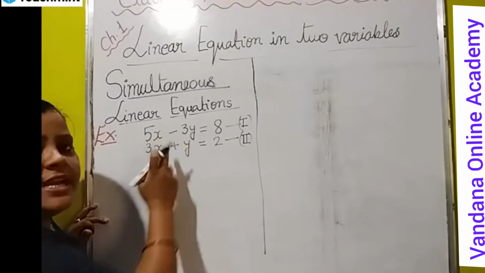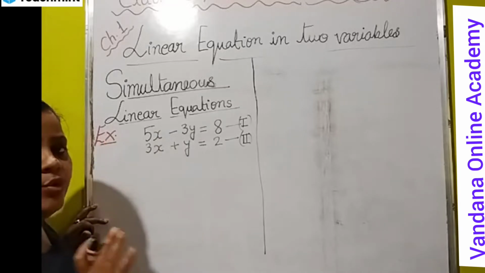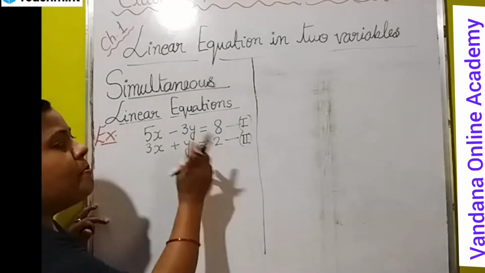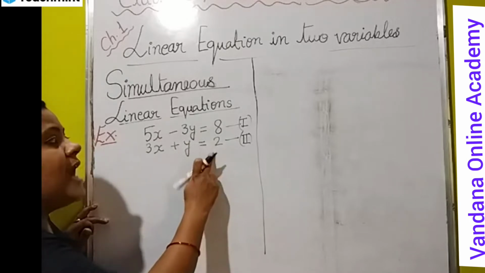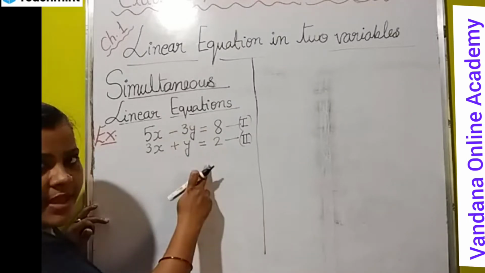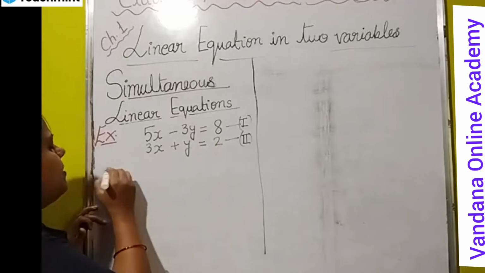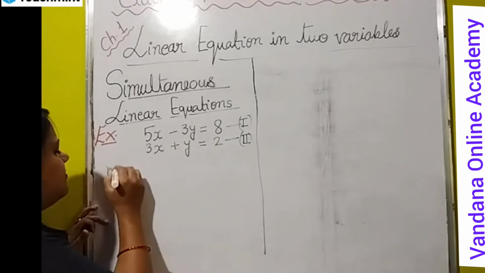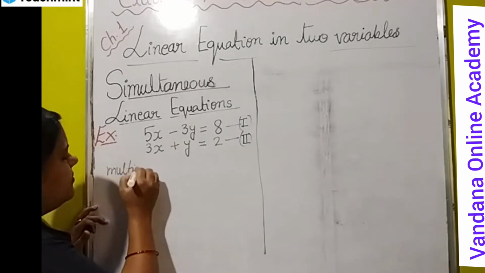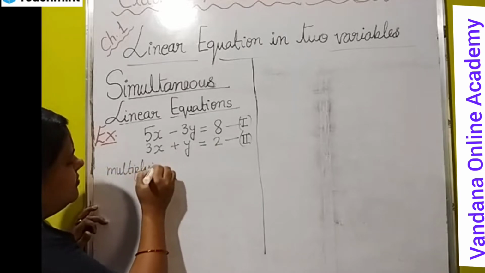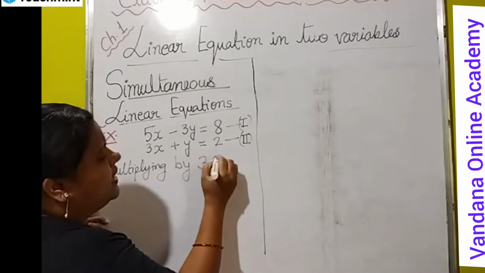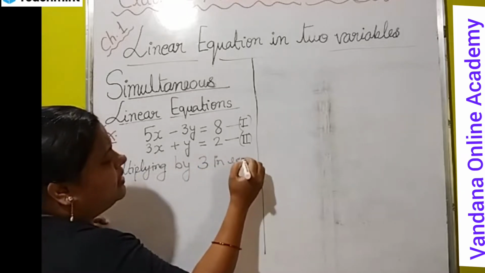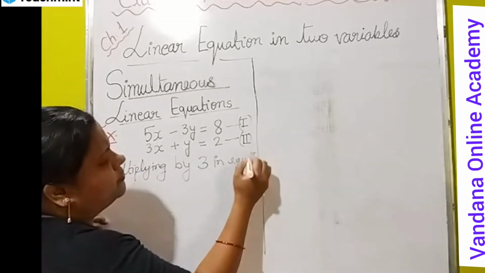We know that minus and plus cancel each other. So what do we do? We are going to multiply equation 2 by 3, so that we can get plus 3y here.